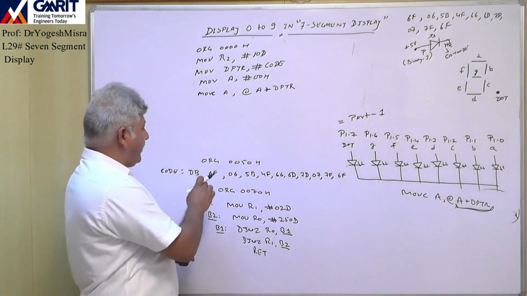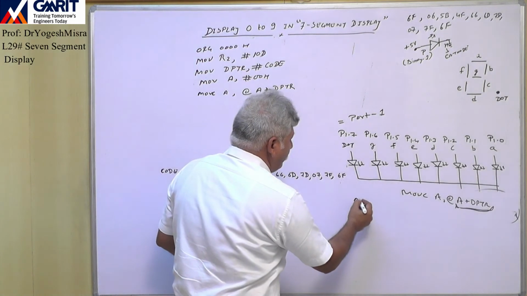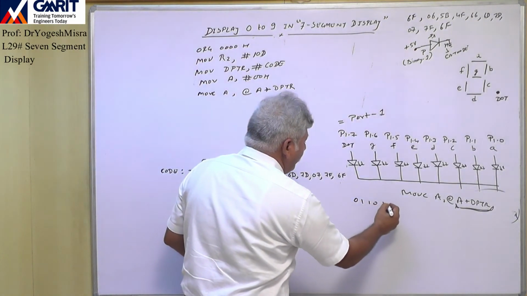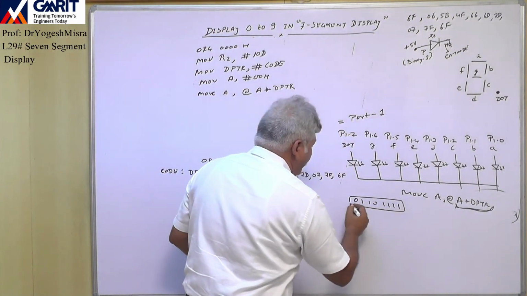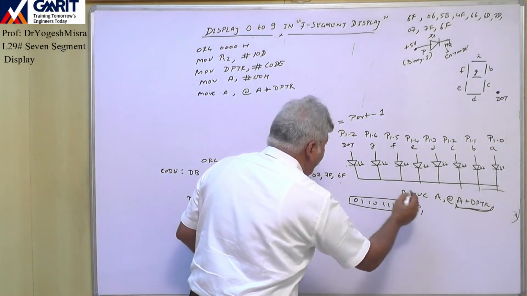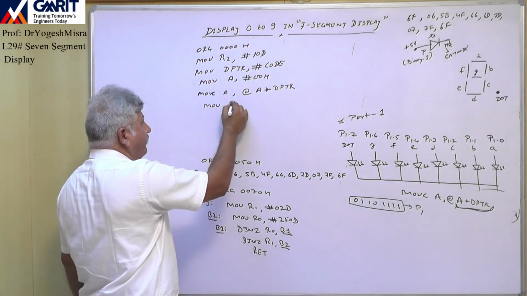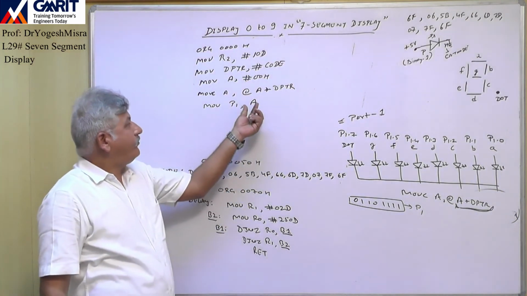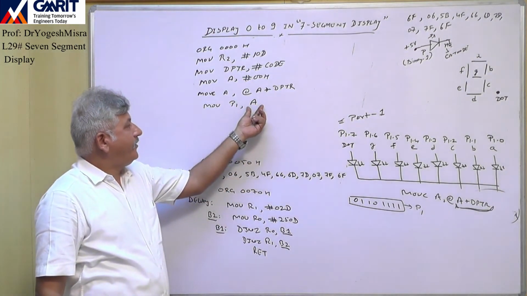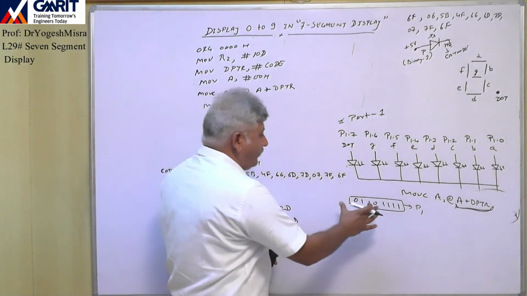So in the accumulator we have this value 6F, which means 0110 1111. This value we will transfer to port 1. For this I will write the instruction MOV P1, A. Whatever is in the accumulator will be transferred to port 1.